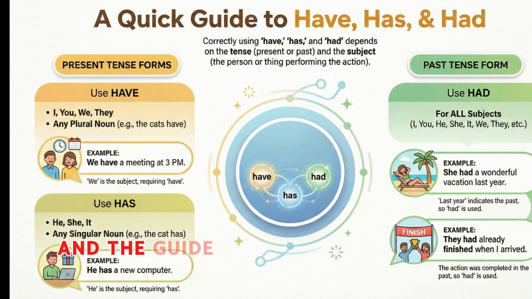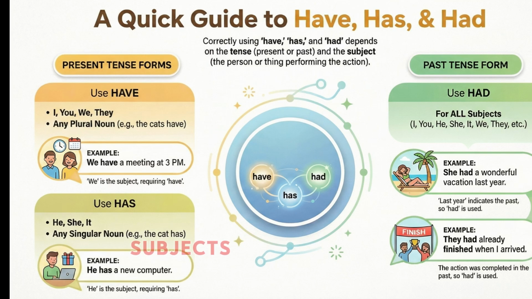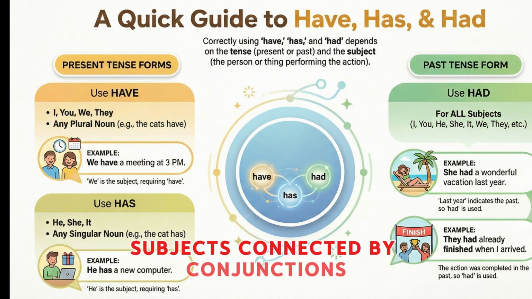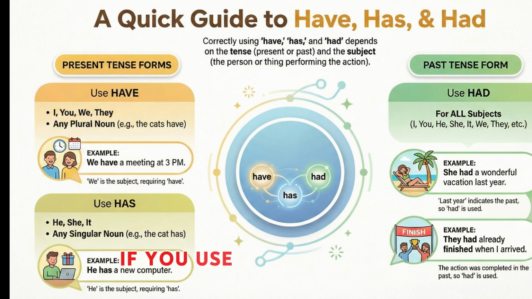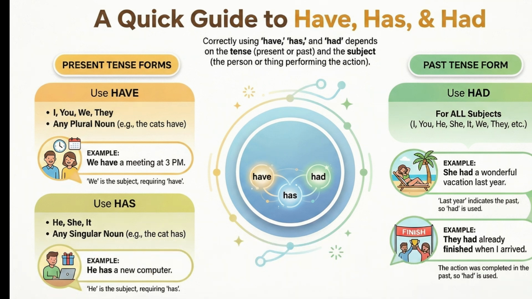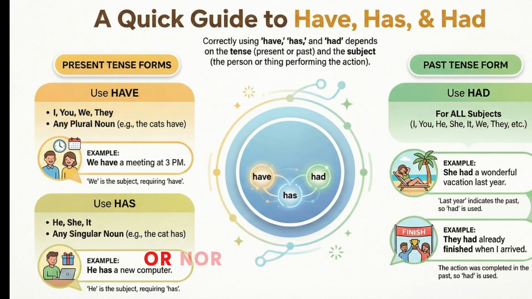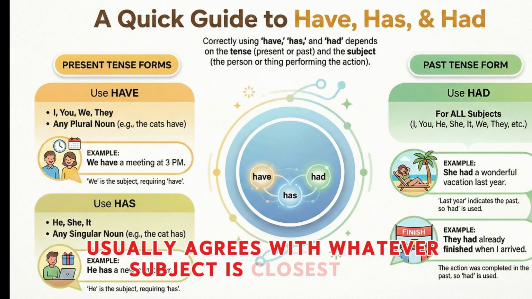Precisely. And the guide would have to cover compound subjects too, subjects connected by conjunctions. If you use and, it's plural: the host and the expert have analyzed the sources. Simple enough. But if you use or or nor, it gets tricky. It does. The verb usually agrees with whatever subject is closest to it.